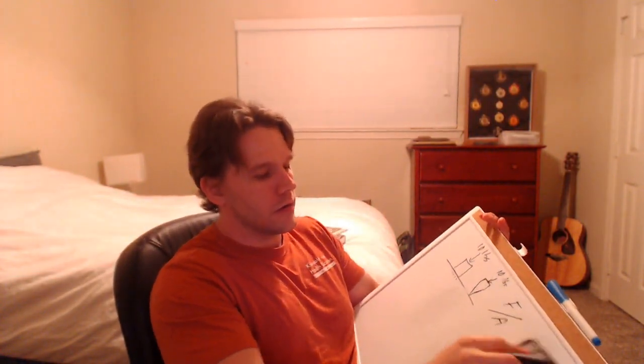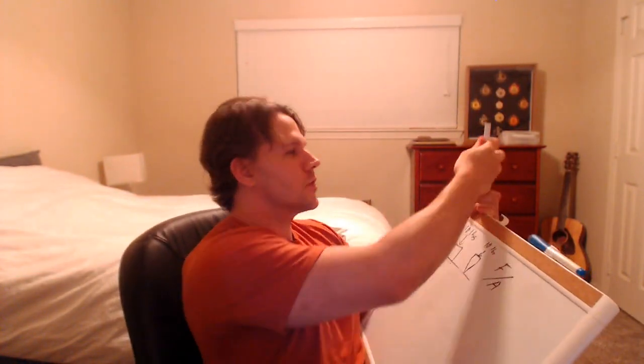So I'm going to get my eraser so I can make some room here. So again, stress, as we've seen, is force distributed through an object. We can at least roughly think of it that way. And when we're expressing it numerically, it is force divided by units of cross-sectional area. Okay? So in fact, I'll write that over here.